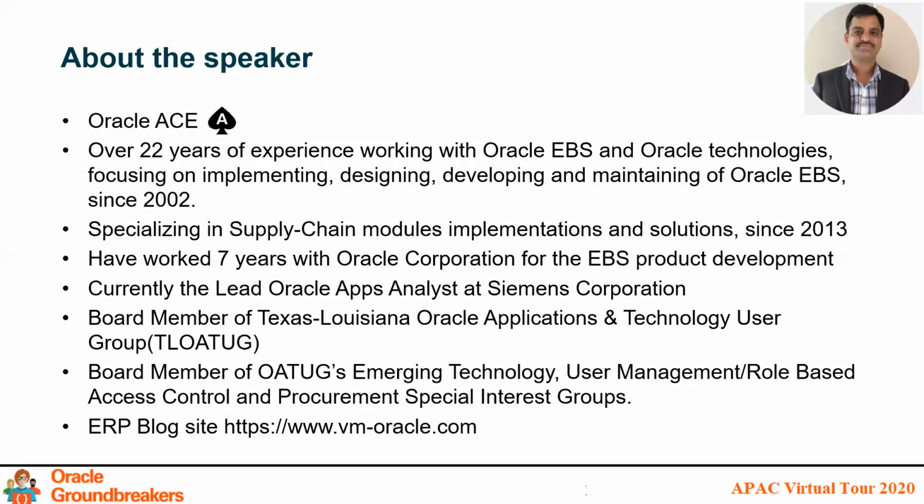My blog URL is www.pm-oracle.com. First letter from my first name and last letter from my last name, pm-oracle.com. Primarily, I'm focusing on writing articles about Oracle eBusiness Suite Release 12.2 and emerging technologies like artificial intelligence, machine learning, Internet of Things, robotic process automation, blockchain, and digital assistants.